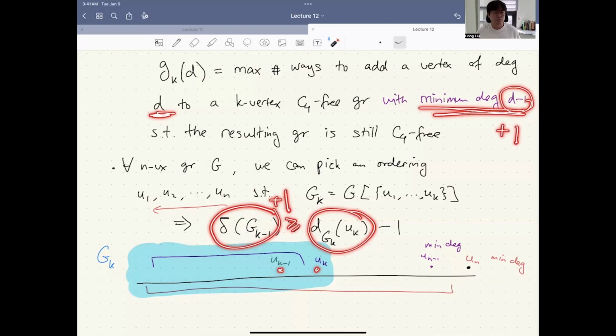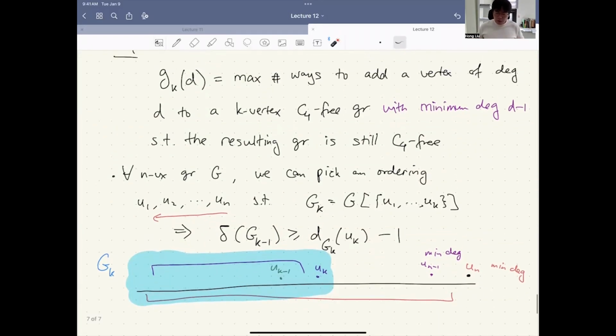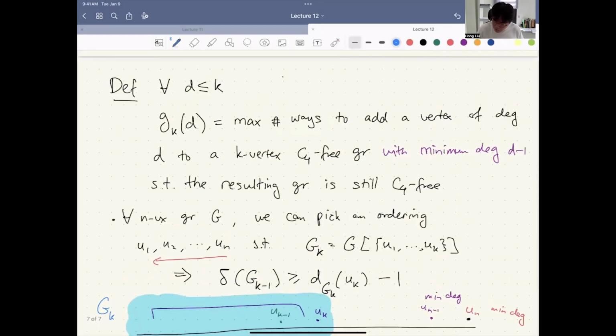That's what we need. Now this is well defined. Because of this, obviously, GK of D for any D is at most K choose D, which is bounded.